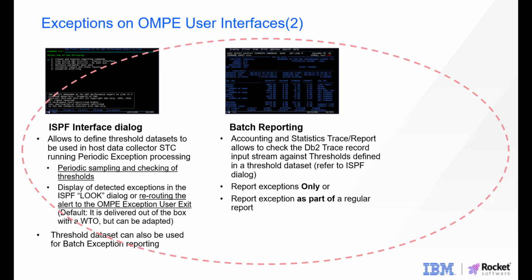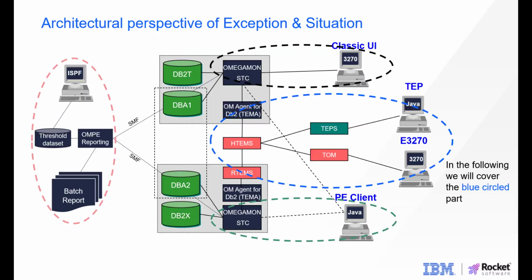Any alerts can be reviewed in ISPF with the look command or in the PE client under the specific user ID's authorization. This ISPF created and edited threshold dataset can also be used in batch accounting and statistic reporting to show exceptions only or as part of a full report in an exception report block.